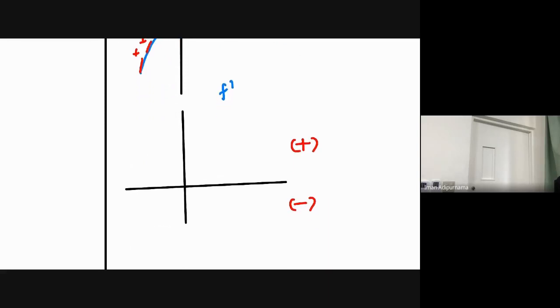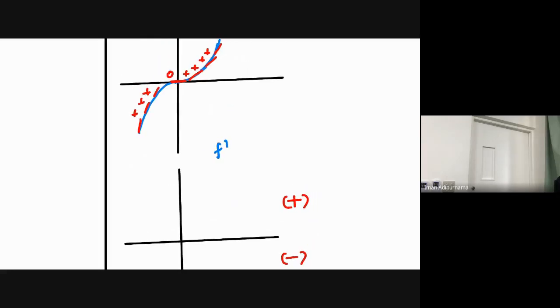So imagine any graph that goes from positive, reaching 0, and then going positive again. That's the first concept.